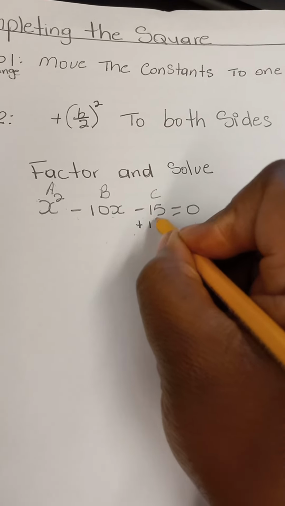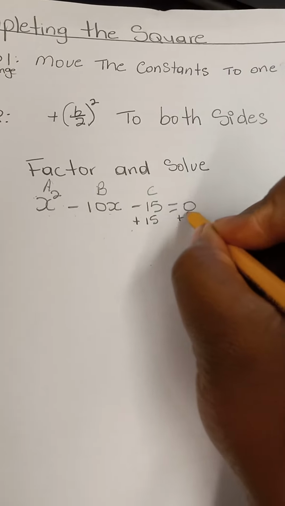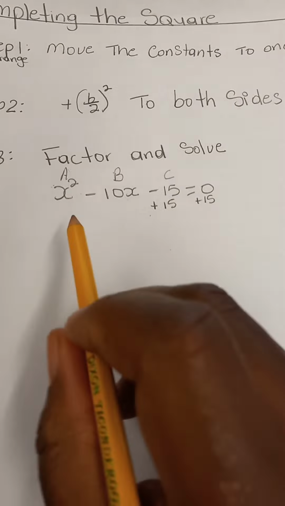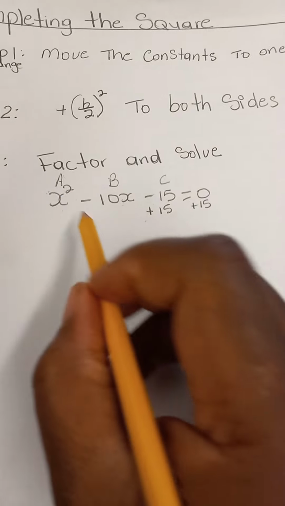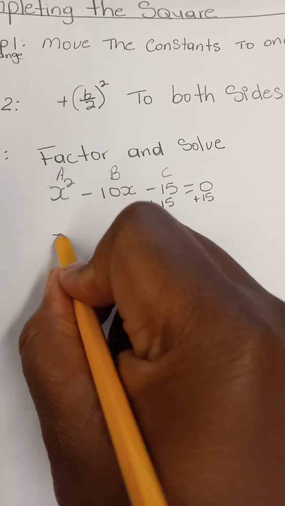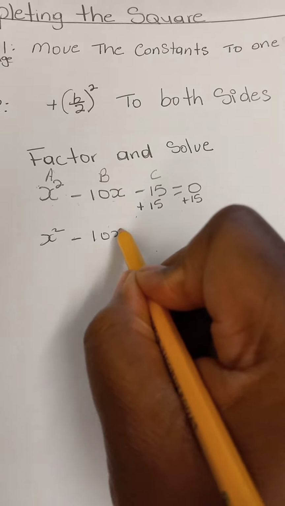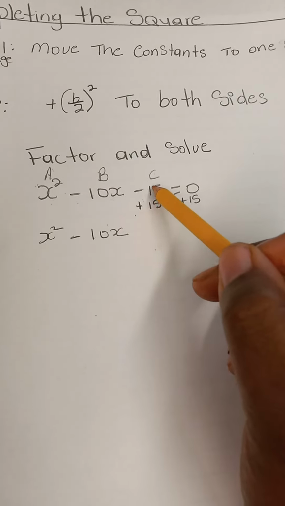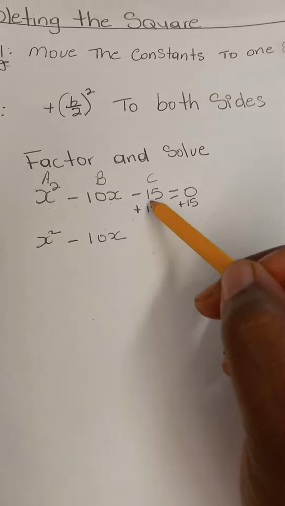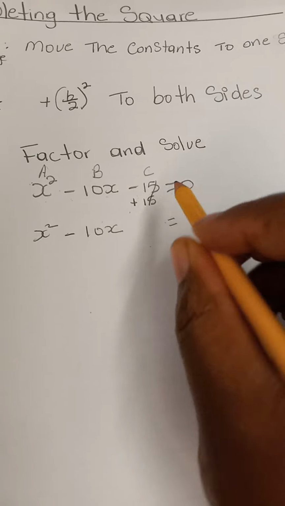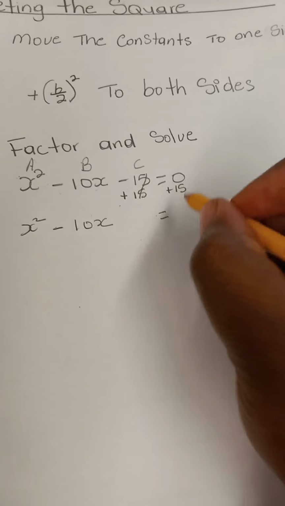So we are going to add 15 to both sides of the equation. Okay, so let's go ahead now and rewrite. So I have my x squared minus 10x. Now we have a positive 15 and a negative 15. That cancels out. That's 0. So now we have our equal sign and 15.